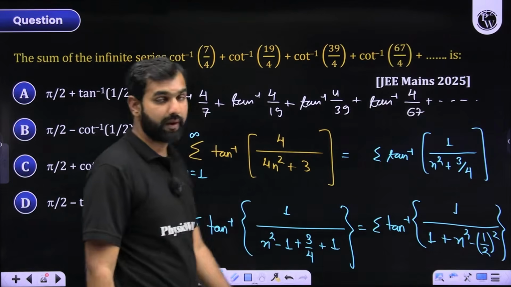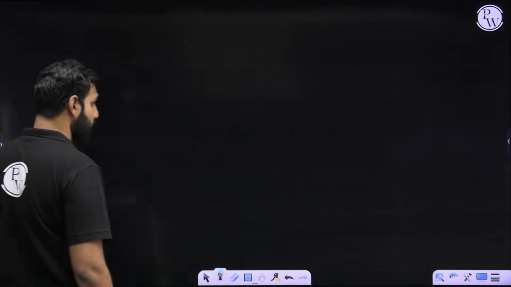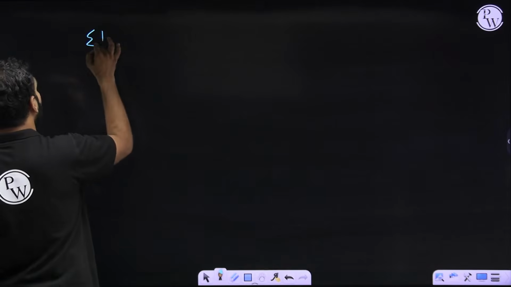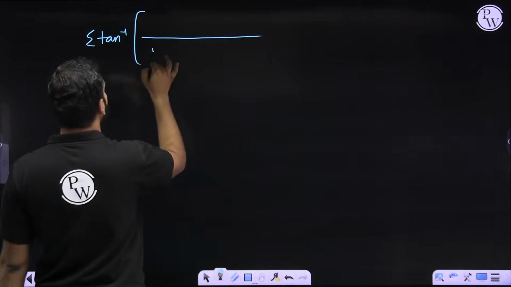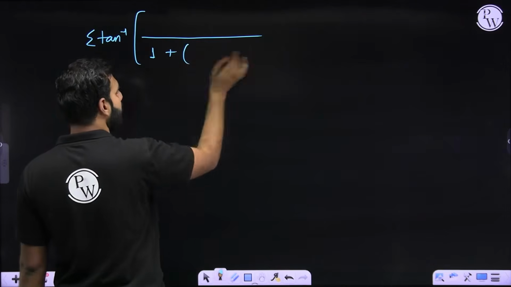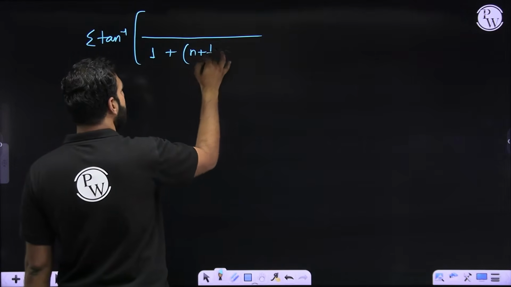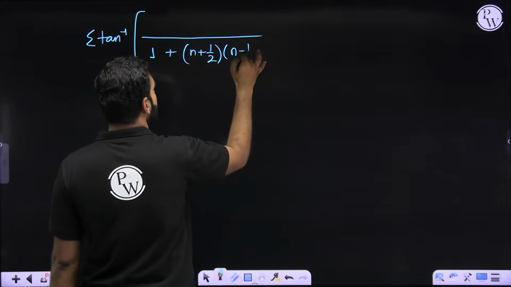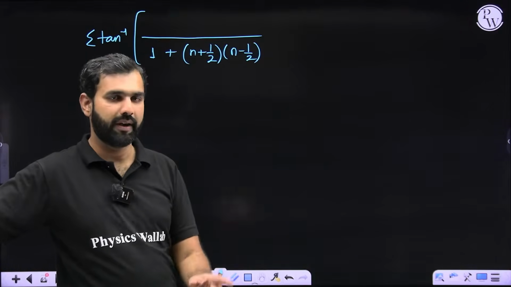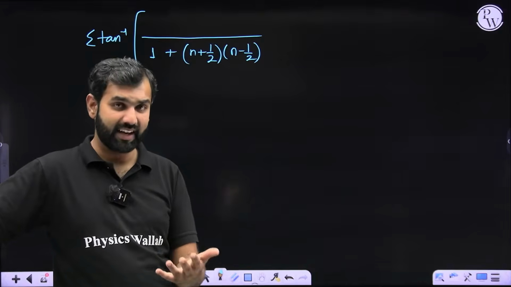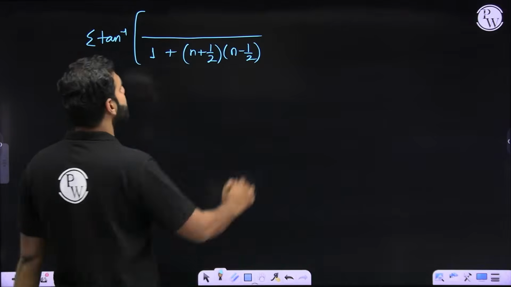So n plus 1 by 2 and n minus 1 by 2. So this looks like summation of tan inverse of 1 upon n square minus 1 by 2 whole square, which I'm writing as n plus 1 by 2 and n minus 1 by 2. I hope you are understanding this. The product of these two factors will become n square minus 1 by 4, which is exactly what we have in the denominator. So what is the advantage of this?